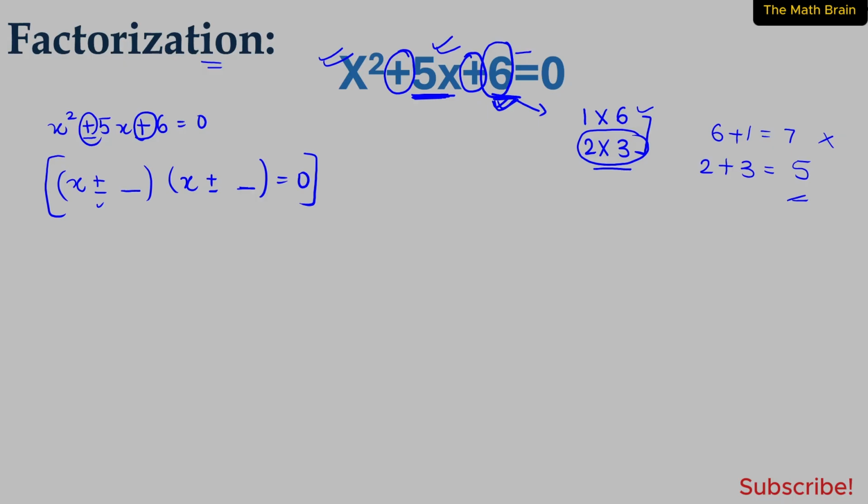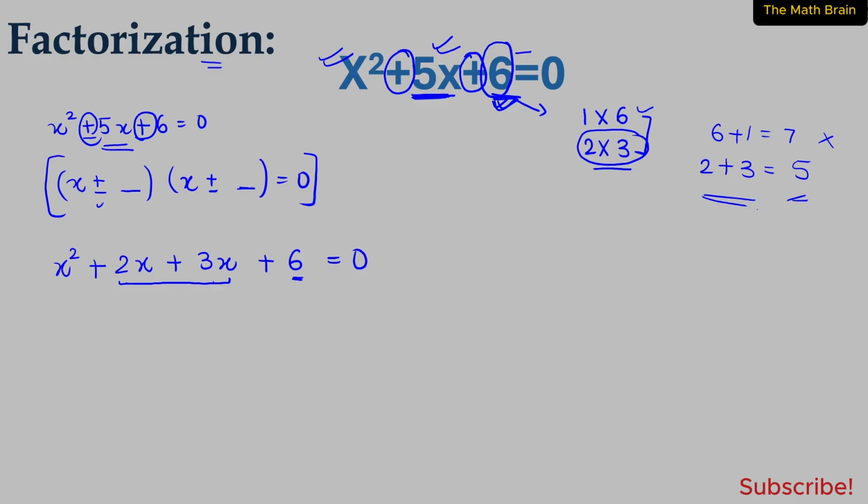So we are going to use 2 and 3. So let's write it as x square plus 2x plus 3x plus 6 is equal to 0. Now 2 plus 3 is 5x and 2 multiplied by 3 is 6.